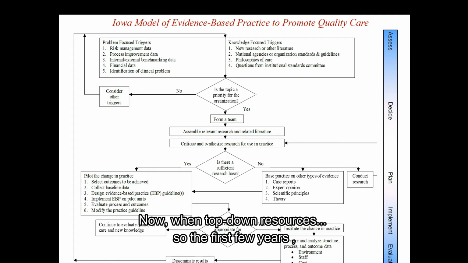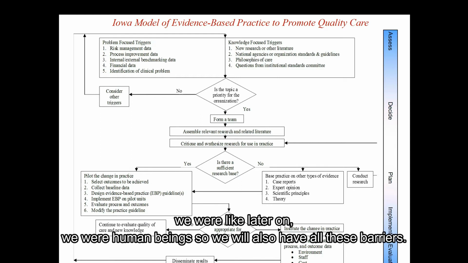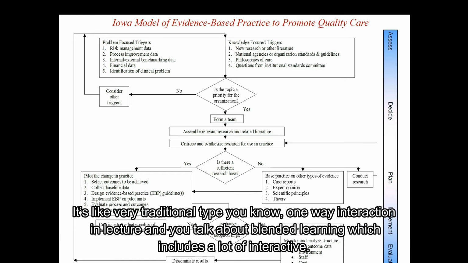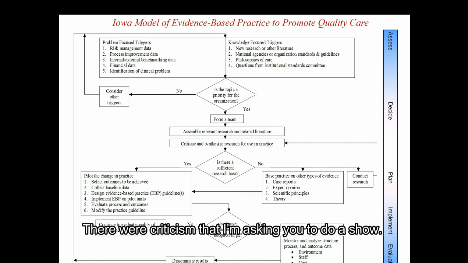Now, when top-down, are resources made available? In the first few years, we were human beings, so we also had all these barriers. It's like traditional one-way interaction in lecture, and you talk about blended learning, which includes a lot of interaction. There was criticism: are you asking us to do a show?